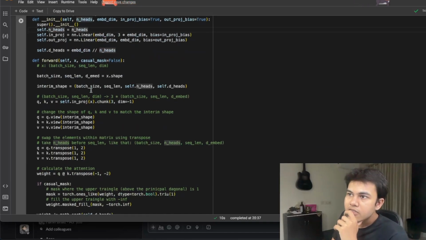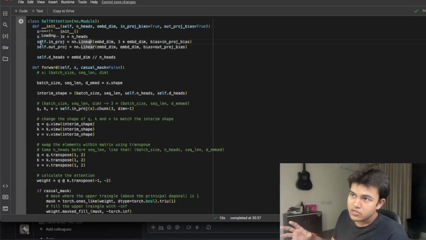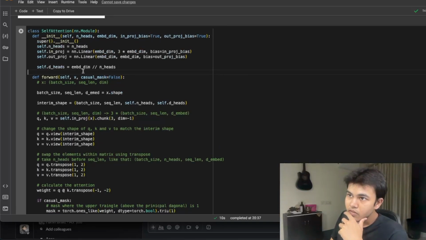So in the init function we have self.number of heads.